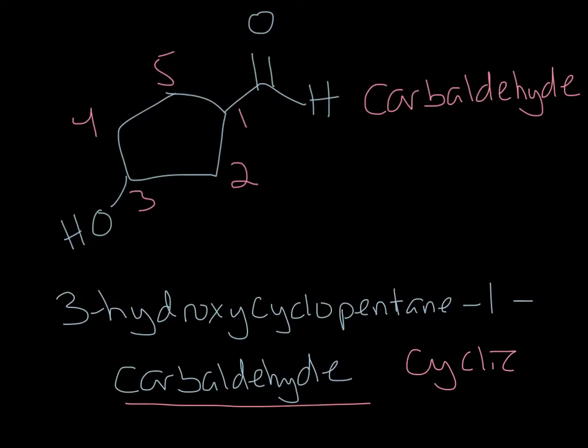So we have a cyclopentane ring, that's our main chain essentially, it's a cyclic chain, this ring. We have a hydroxy group coming off as a substituent, and we have this aldehyde coming off of it, and it's the highest priority, so we name it as 1, so we do put in our 1-carbaldehyde. Since it's on a ring, it could be anywhere, so you want to specify that you start from that 1 position.